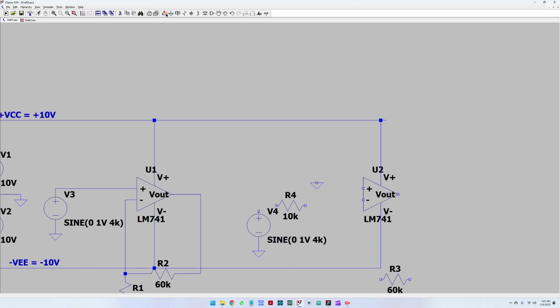Okay, and I'm going to connect it to the non-inverting input. And then for the inverting input, I'm going to connect the resistor, and move it a bit above to be aligned.